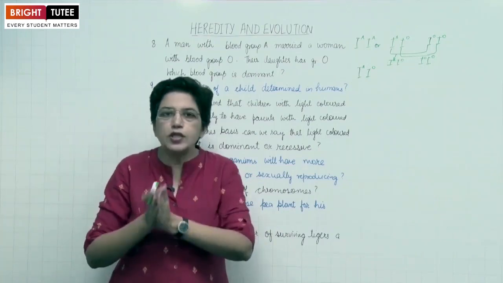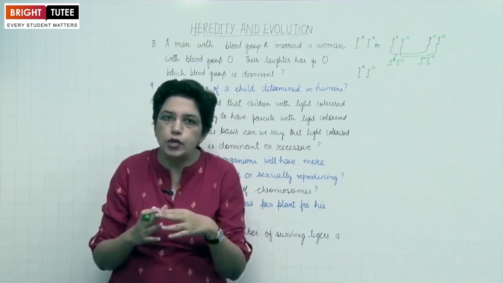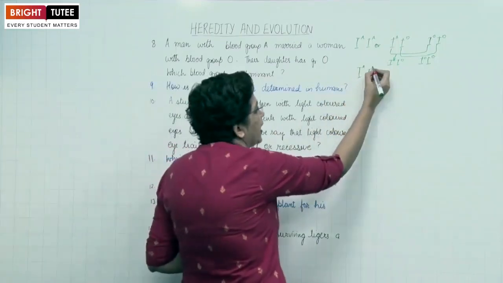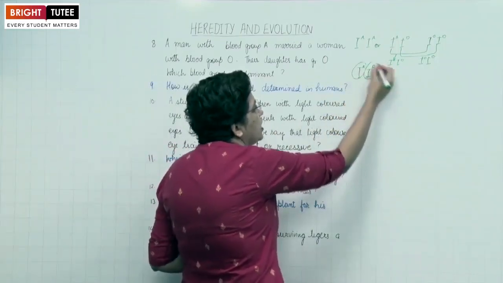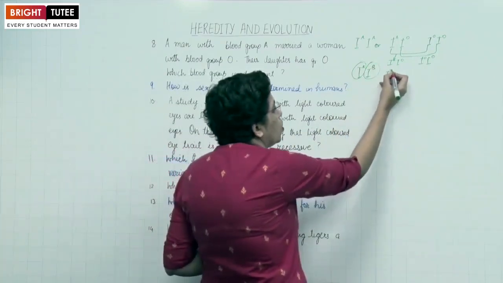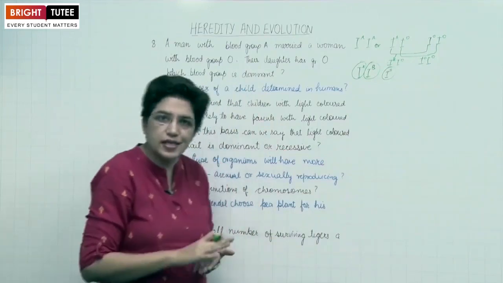But just for the sake of your knowledge, I am telling you that blood group A and blood group B, that is IA and IB, both these traits are dominant, while the O gene is a recessive gene.